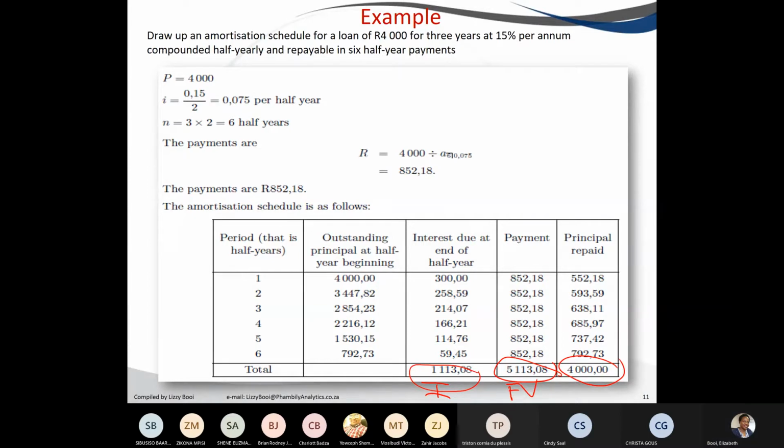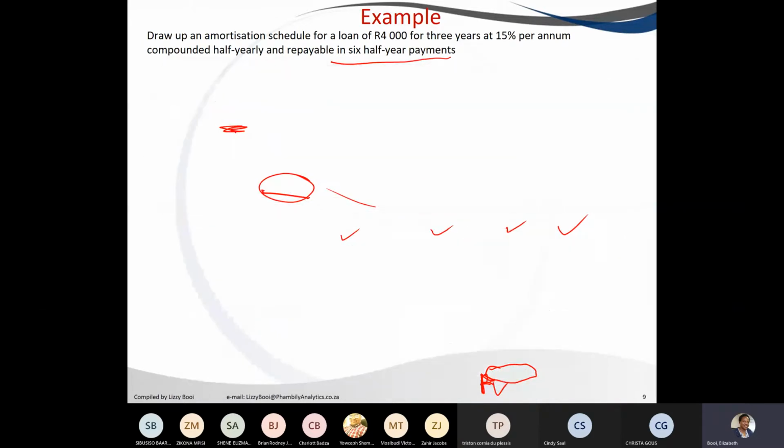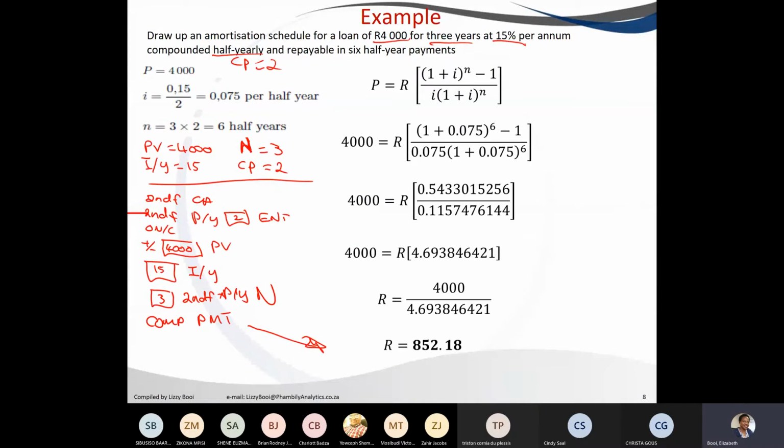Now, I know we've done only manual calculations. And I said, those who have financial calculators, you just need to wait a bit. Once you have calculated your payment, I hope you did the exercise with me when I was calculating this payment.